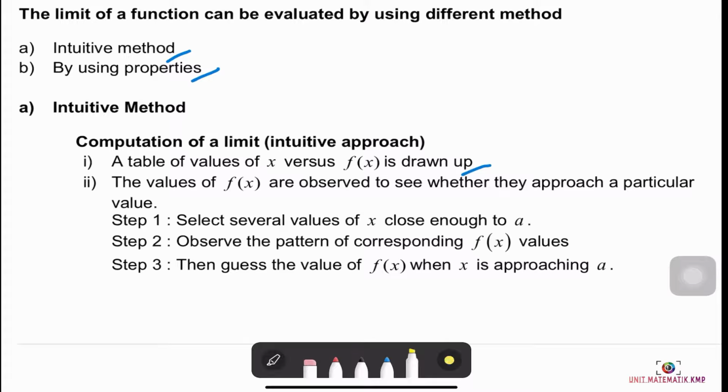The keyword is observe. Step 1, select several values of x close enough to a. Step 2, observe the patterns of corresponding f(x) values. And step 3, then guess the value of f(x) when x is approaching a.